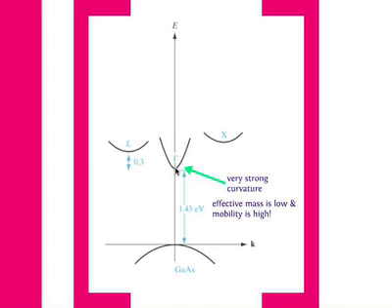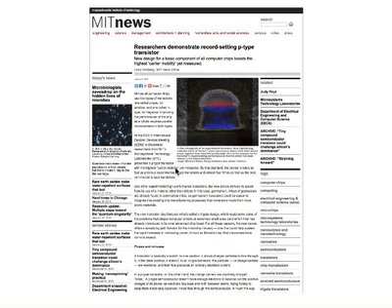I just want to drive home the point that this is an important concept because it's very relevant even for research today. I picked a news article to relate this point. This is a paper that came out in January, two or three weeks ago. Researchers at MIT demonstrated a record-setting p-type transistor.